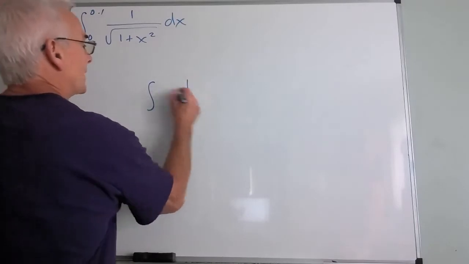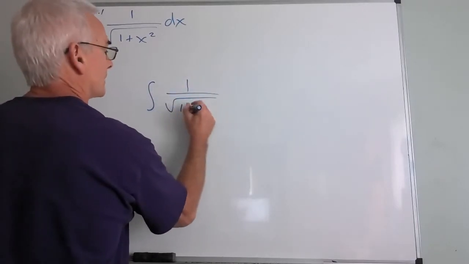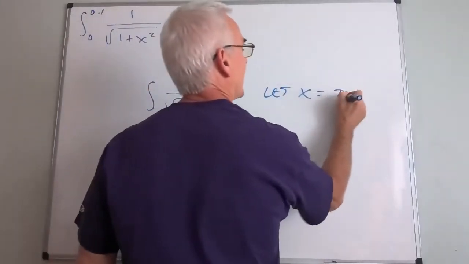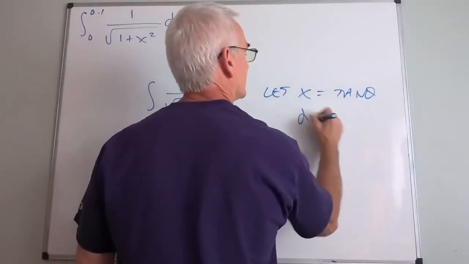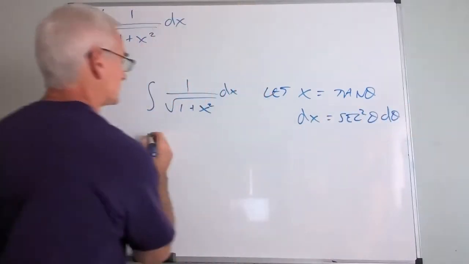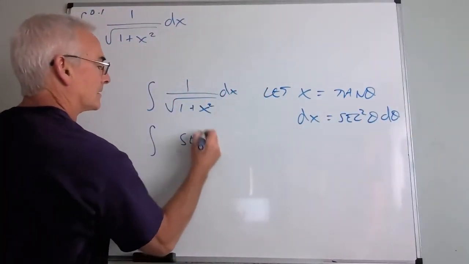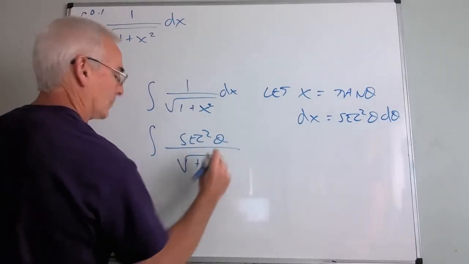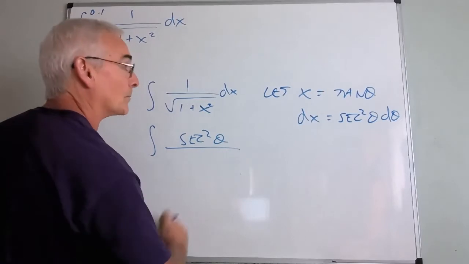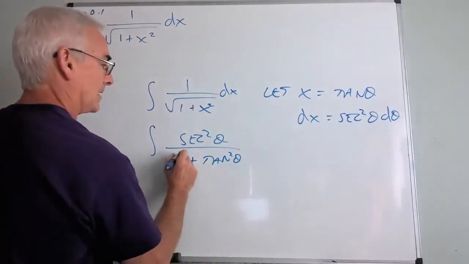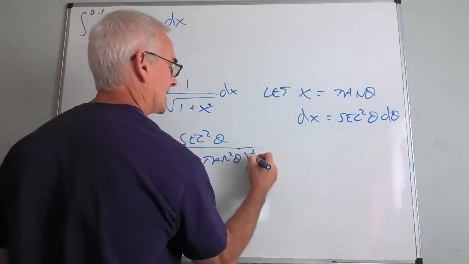So if I was just doing this problem, we would say let x be tan theta, then dx is secant squared theta d theta. Then this becomes, sorry, not 1 plus x squared, 1 plus tan squared to the 1/2.